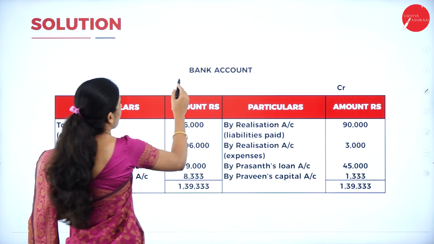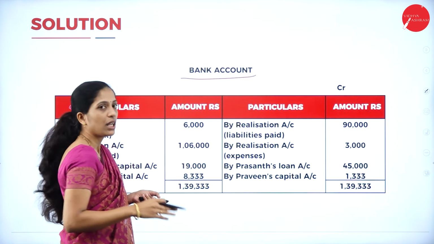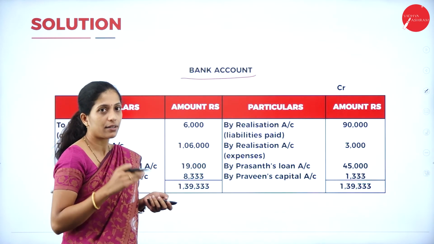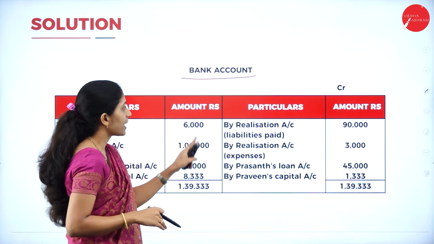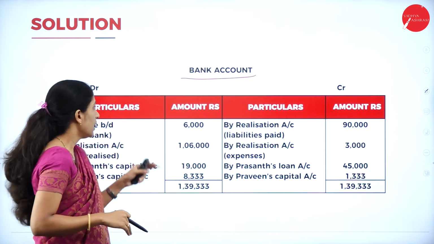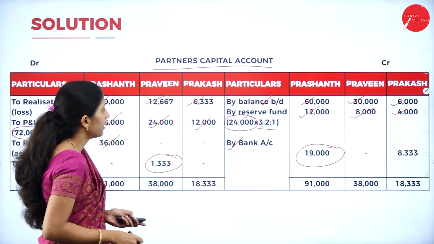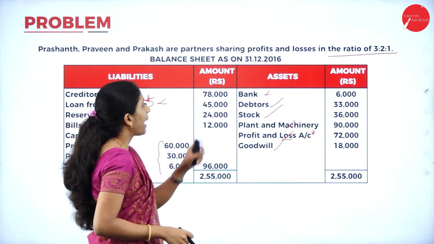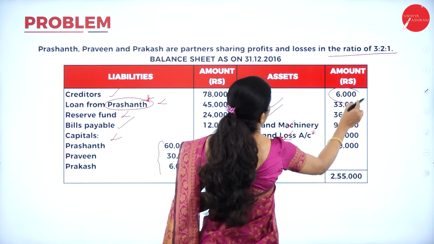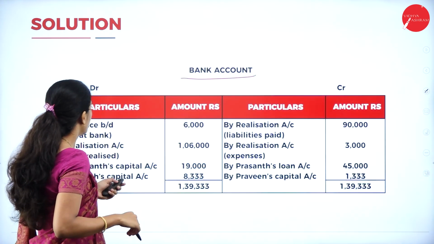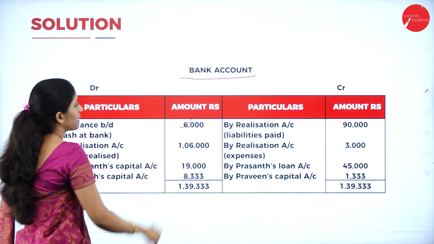Next, the last account to be prepared is the bank account. If you are familiar with realization account, partners' capital account and partners' loan account, it's very easy to prepare the bank account. First, take the balance of your bank account. If you see the asset side, they have given bank, how much? 6,000. So, take this balance as to balance brought down 6,000.